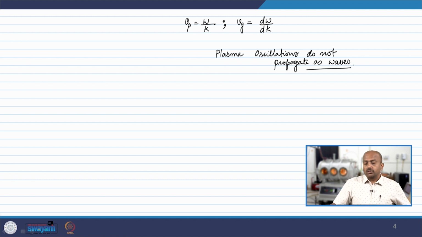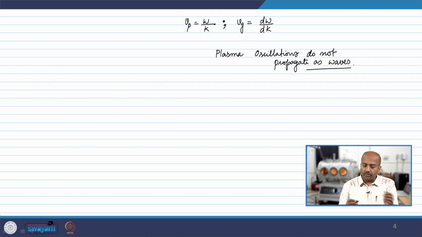So, what is the cause? So, let us say if the plasma constituents, let us say the electrons, have a thermal velocity, then they can travel into the adjacent layers of plasma and they can modulate the environment in those adjacent layers, by which they are simply making the wave, or they are simply transferring information from one layer to another layer, right.